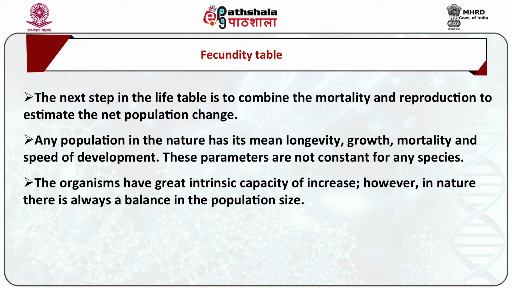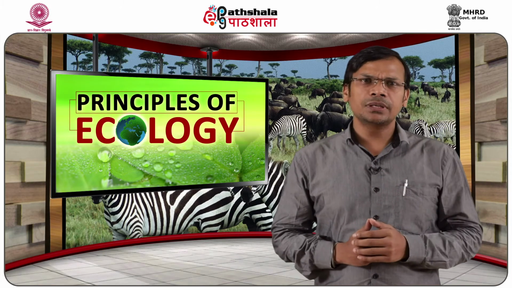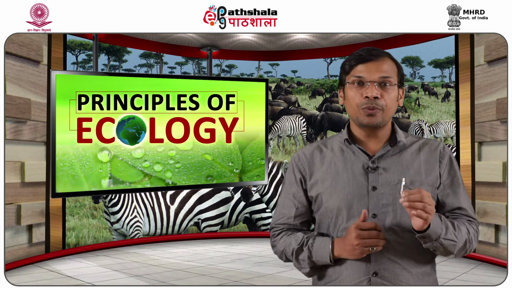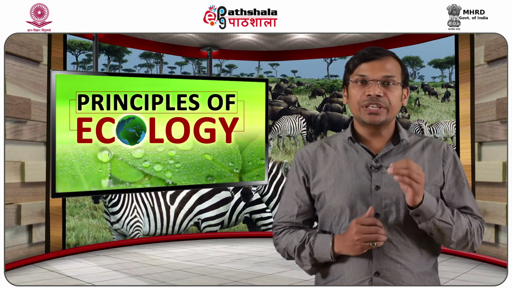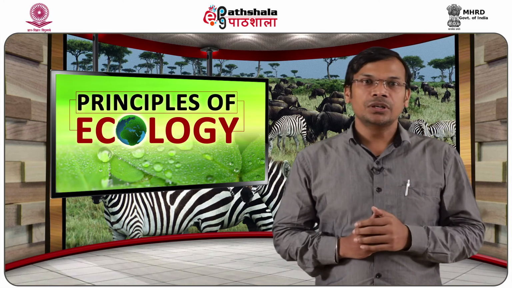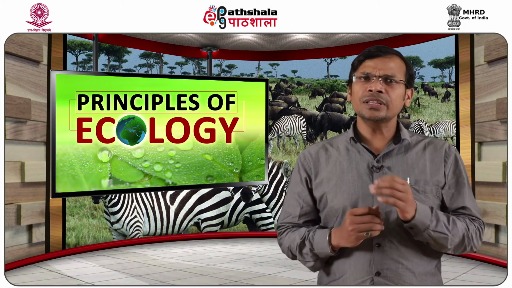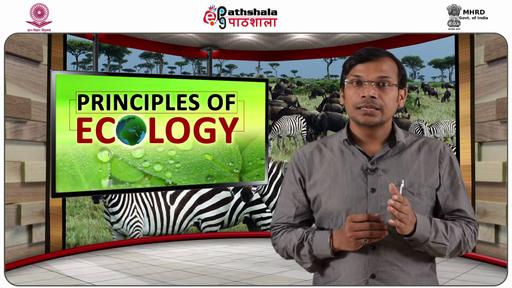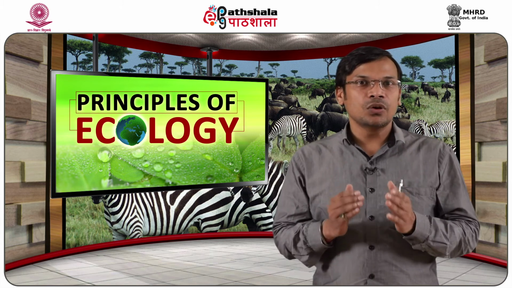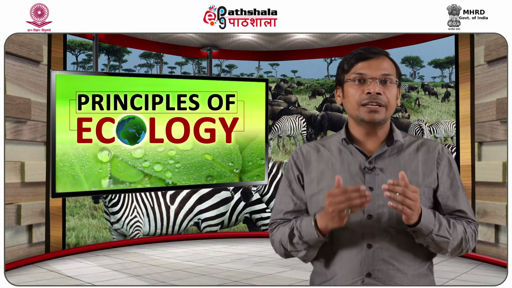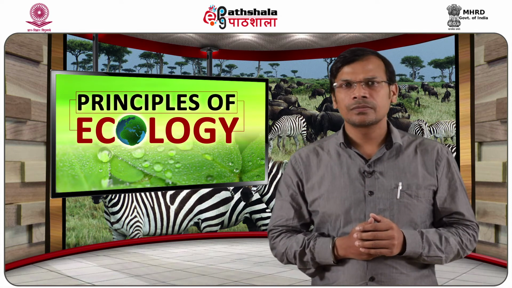However, in nature there is always a balance in the population size. For example, female Helicoverpa armigera, a polyphagous pest, can produce 1200 to 1600 eggs in its lifetime. Even then, there is a balance in the population size of this pest due to environment and different biological agents.